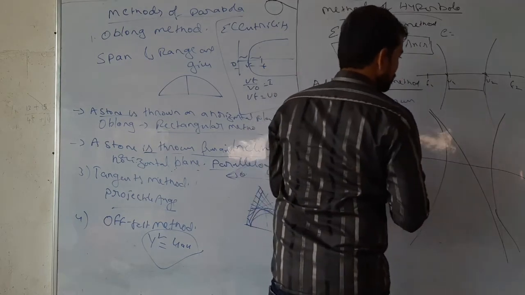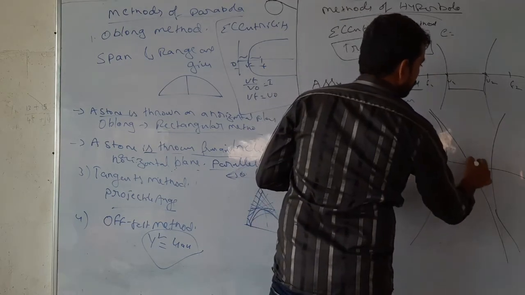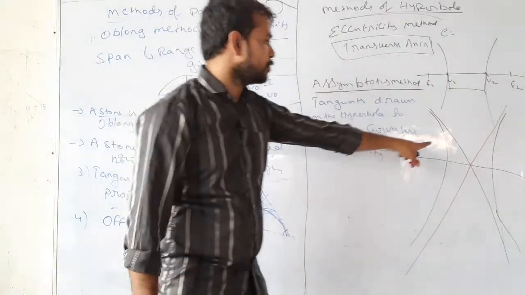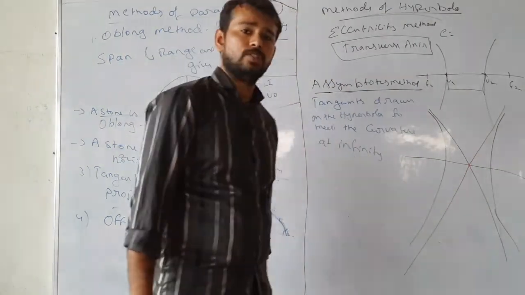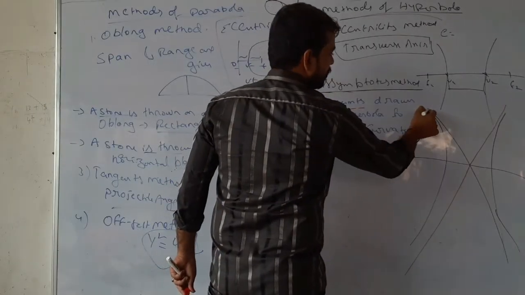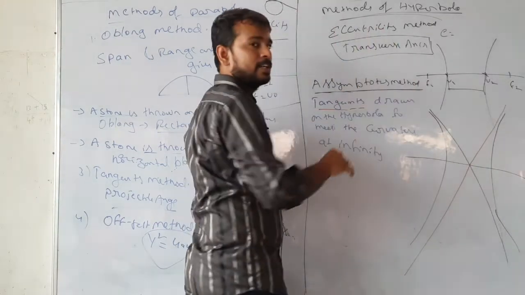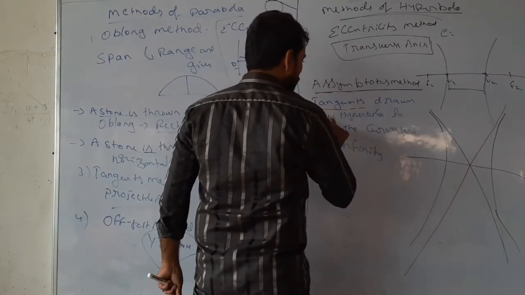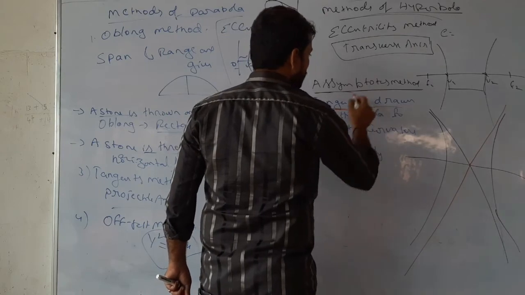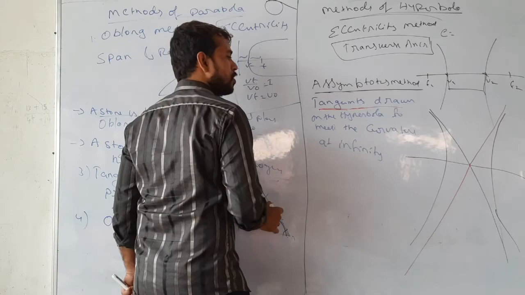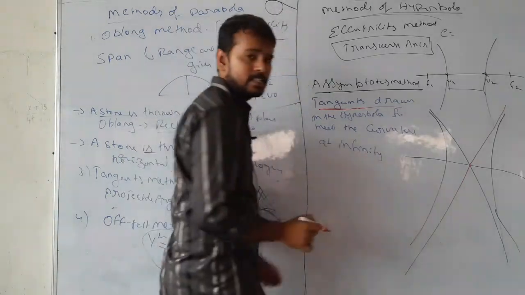These are the tangents drawn at infinity: asymptote 1 and asymptote 2. Here they will not meet; they will meet at infinity. Infinity means you cannot see it. So this is the asymptotes method. What is an asymptote? Tangents drawn on the hyperbola to meet the curvature at infinity.